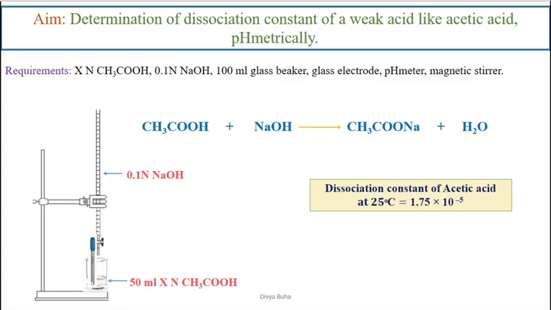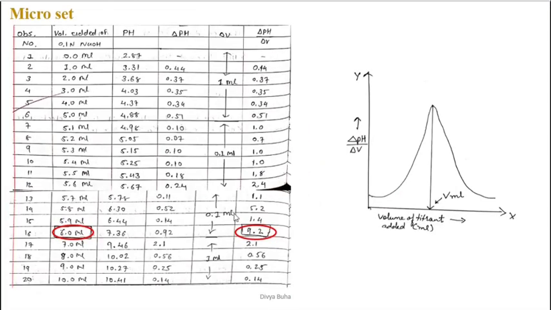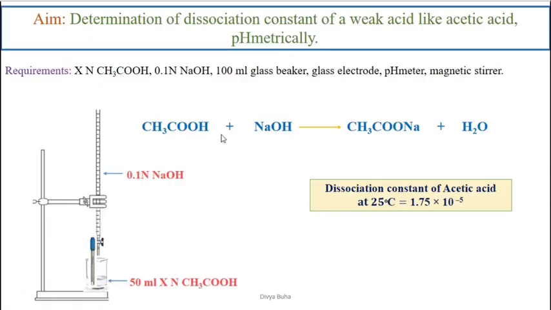So we know that at the equivalence point, at 6 ml, all of the acetic acid which is there in the solution would be titrated against NaOH and it would be converted to sodium acetate. So neutralization would be completed, right? Further, there would be no acetic acid, there would be only the salt.